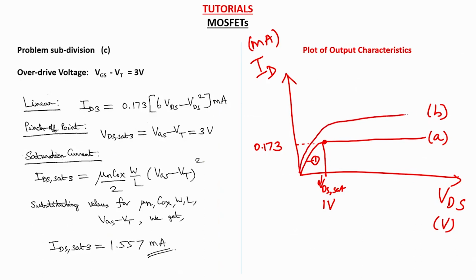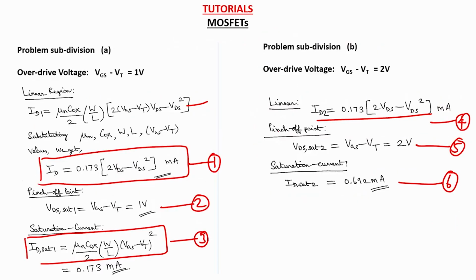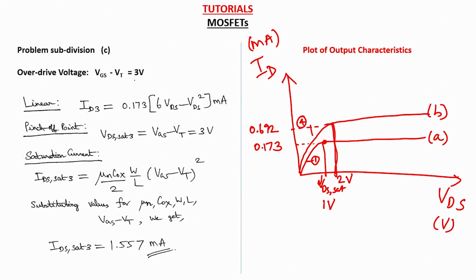Here the pinch off point comes out to be 2 volts, the linear region equation is given by equation 4, and the saturation current value is 0.692 milliamps.